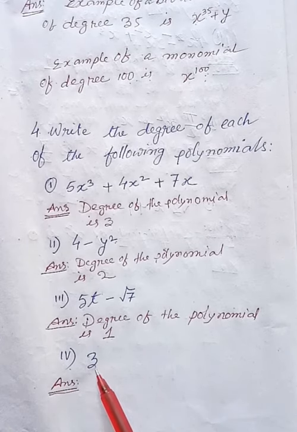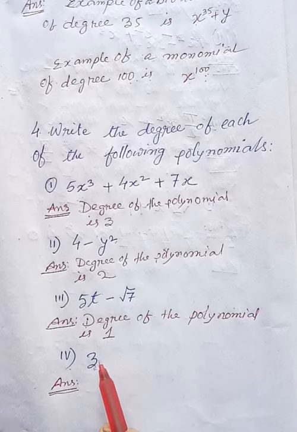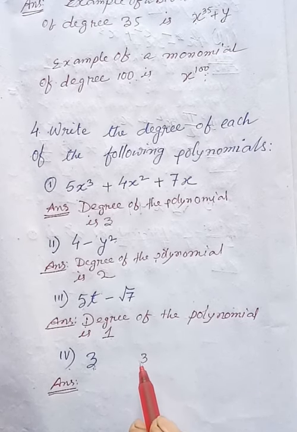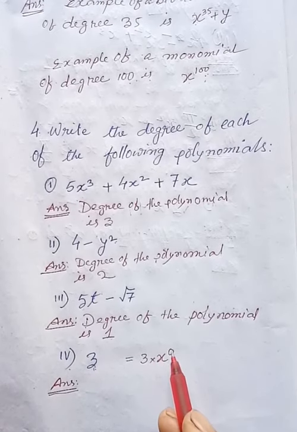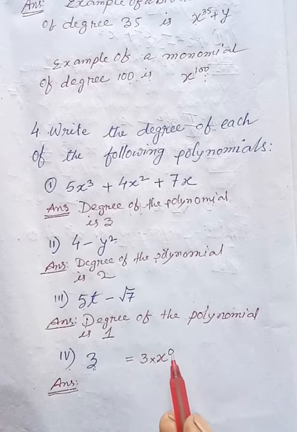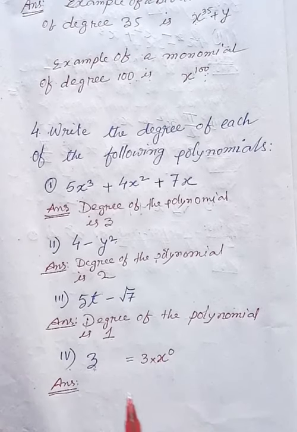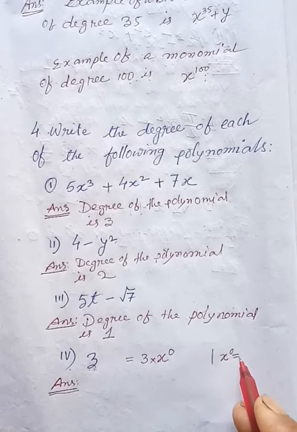But be careful here, this can also be considered as a polynomial. But we can imagine this 3 as 3 into x to the power 0, 3x to the power 0. 3 is the same as 3x to the power 0 because x to the power 0 is equal to 1.